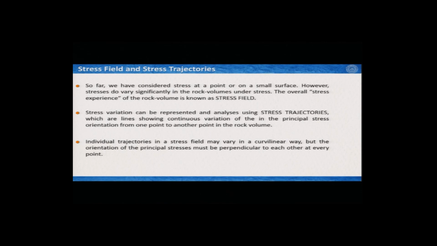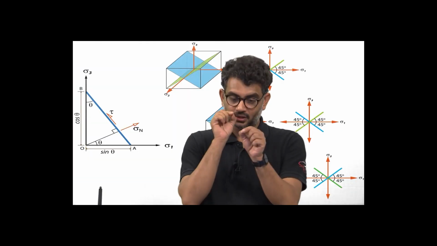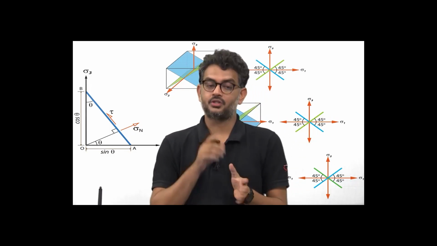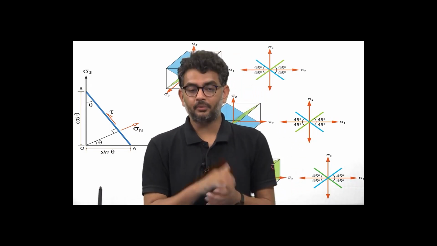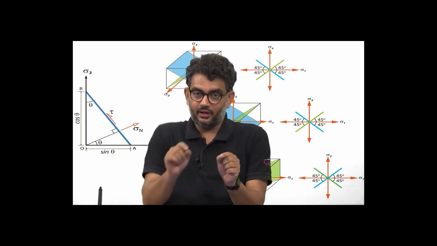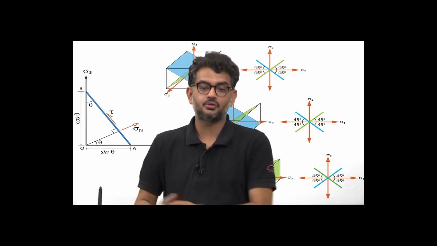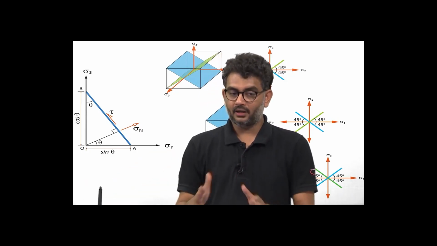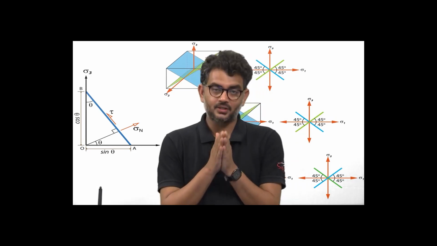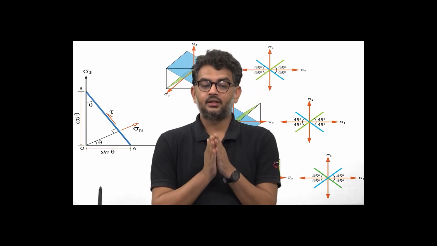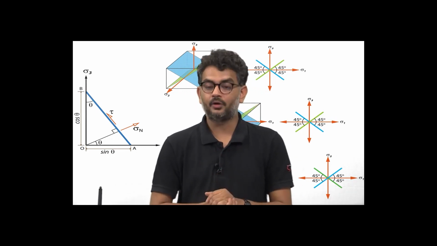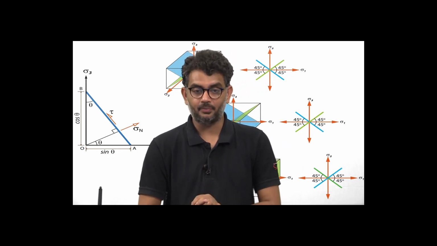For the individual trajectories in a stress field, at a single point you can draw the three different axes which are perpendicular to each other, and then you connect it to the next point, next point, and so on. Overall it may vary in a very curvilinear way, but it is important when you measure and draw the stress trajectories that the orientation of the principal stresses must always be perpendicular to each other at every point.